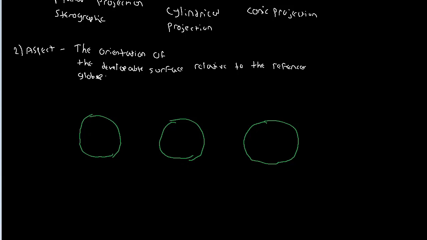The first term you will often see is where you have the orientation of the developable surface running right north-south like this.